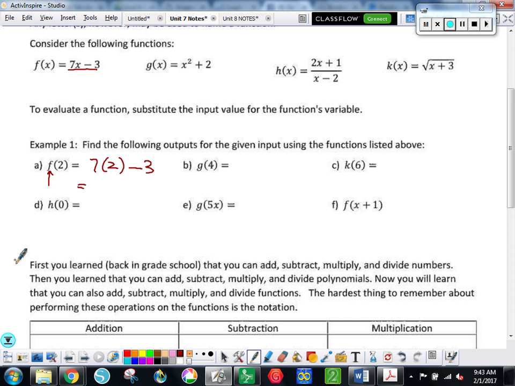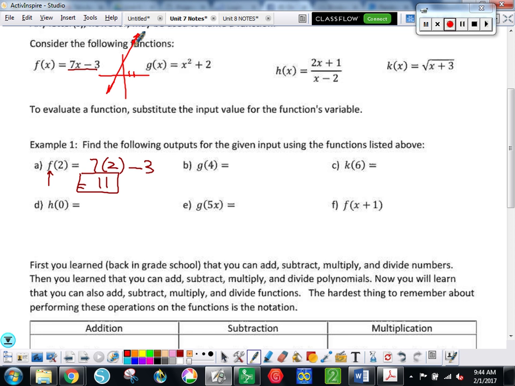And then I will evaluate that. So 7 times 2 is 14, minus 3 is 11. And again, what that means is, if my function is at 2, where would the y value be? Right up here at 11, and the graph would look something like this. So that's what that means.